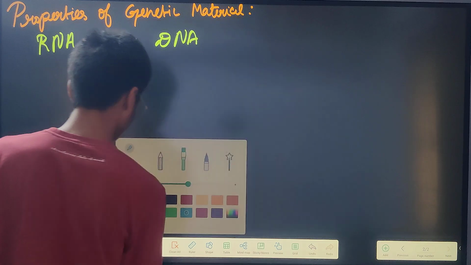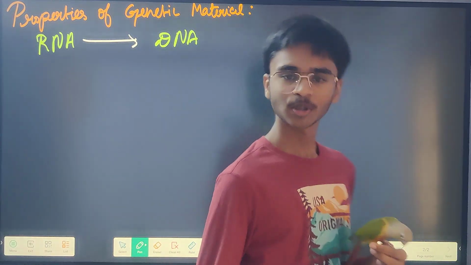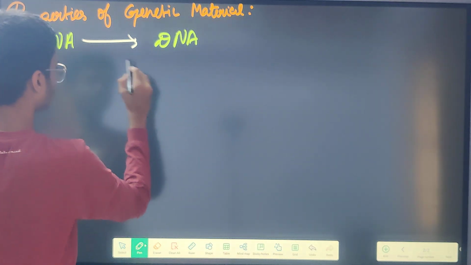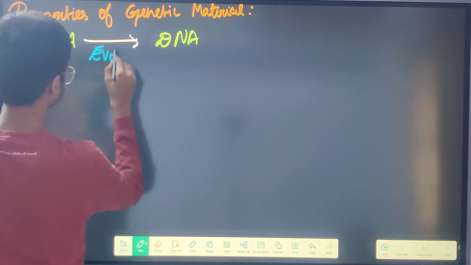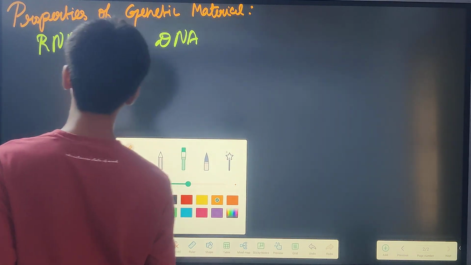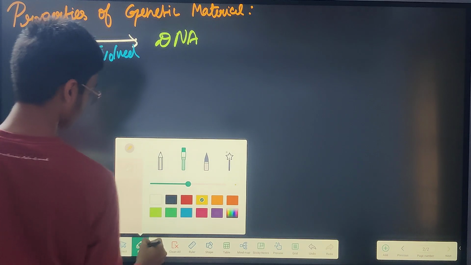Coming to the properties of genetic material, RNA has got transformed into DNA. Since the evolution process is not that important in this topic, we'll read it later, but let's check it a little bit.